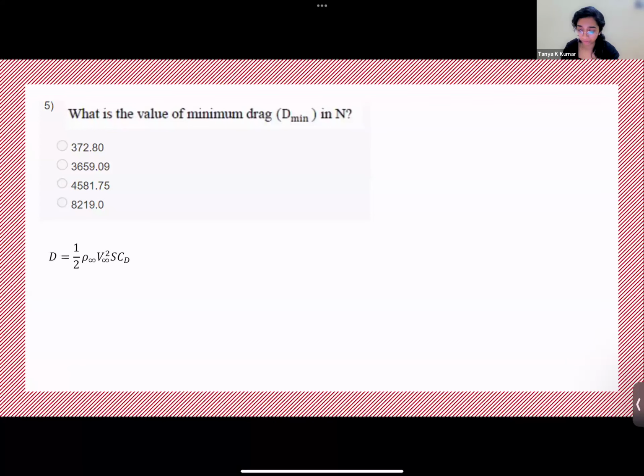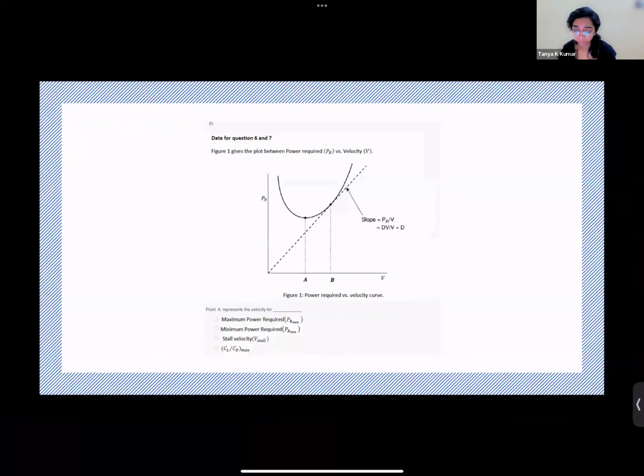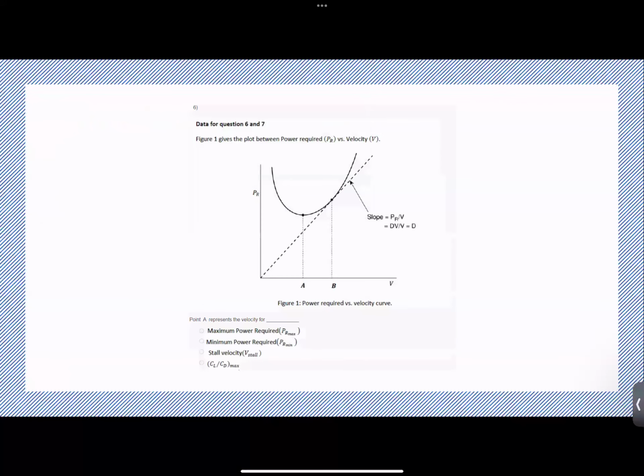Okay, now look at this question. Figure 1 gives the plot between power required and velocity. So what does point A represent? Very simple. It's very simple, right?